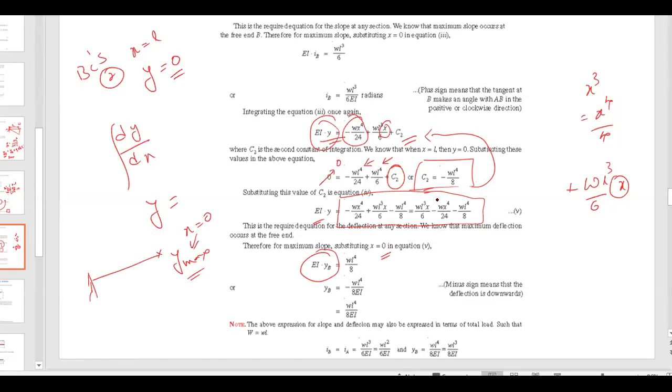Therefore, yB is equal to w L to the power of 4 by 8EI, which is a negative. So the deflection is in the downwards direction.